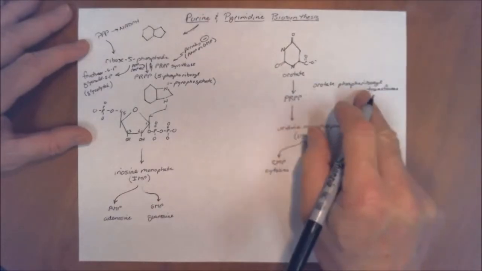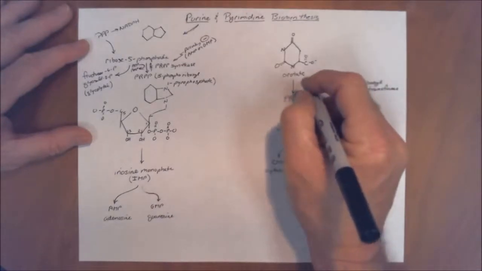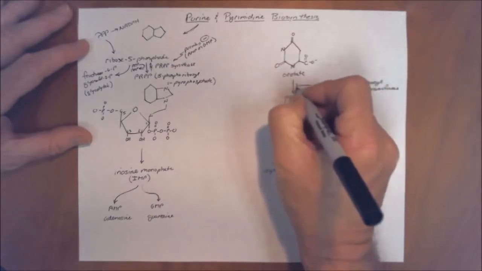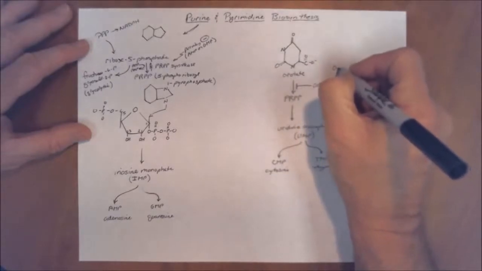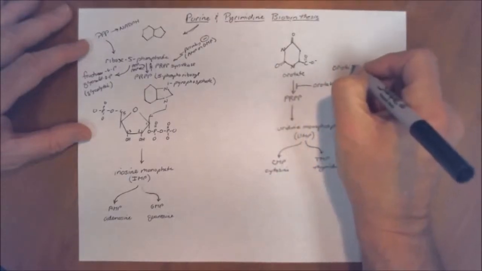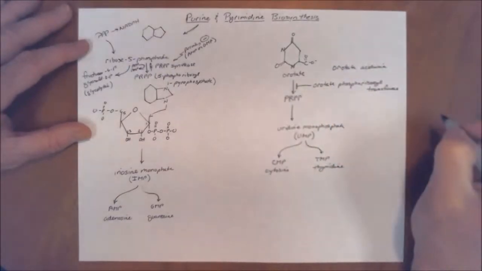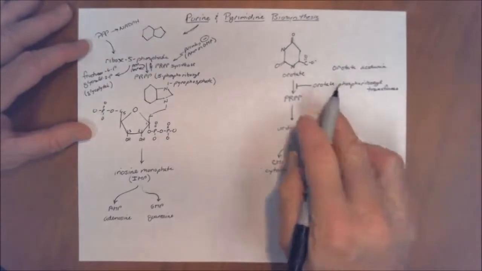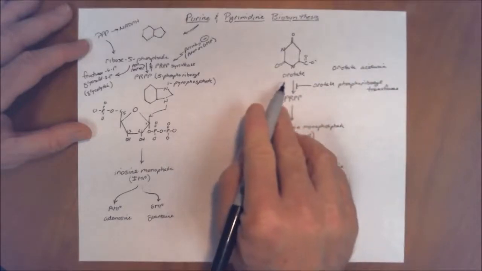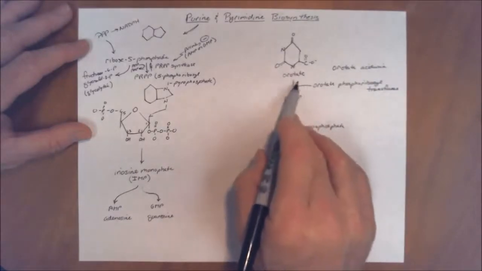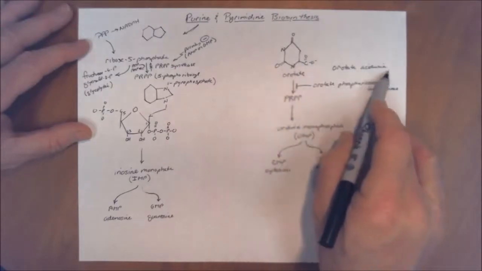And a genetic error in this process of adding the orotate to the PRPP will lead to orotic aciduria. So this is a genetic inborn error blocking the coupling of orotate to PRPP, and thus we have excess buildup of orotate, which is an acid due to this carboxylic acid, leading to aciduria.